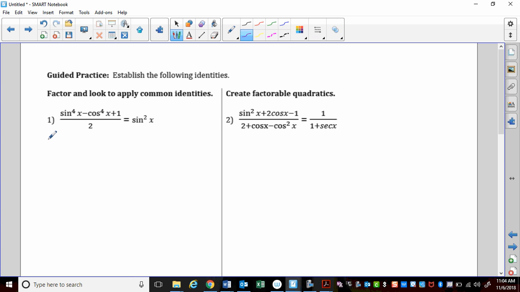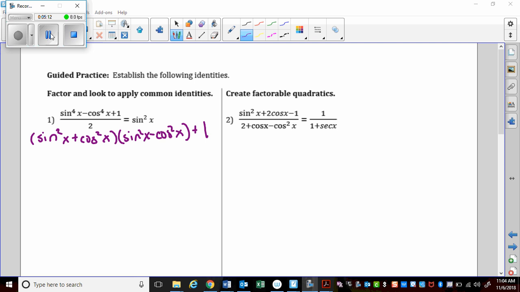So this is going to be sine squared x plus cosine squared x times sine squared x minus cosine squared x. But then I have a positive 1 up here. Remember, we can always separate the numerators of fractions, though.